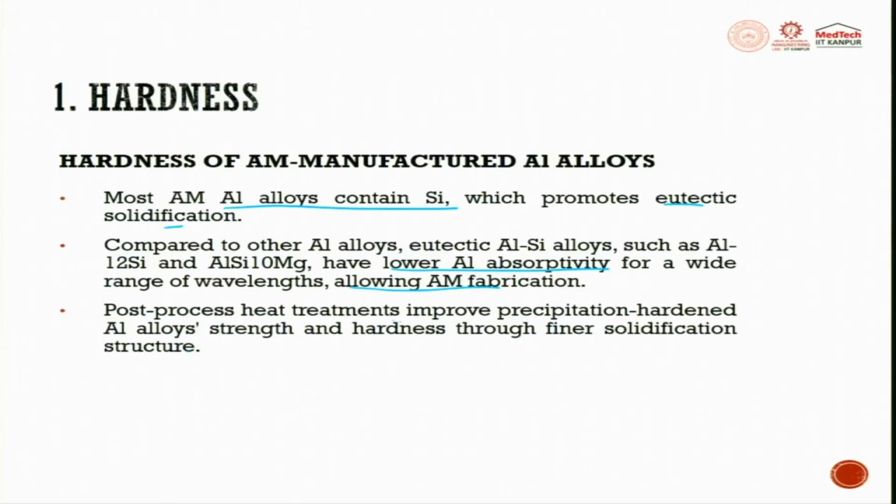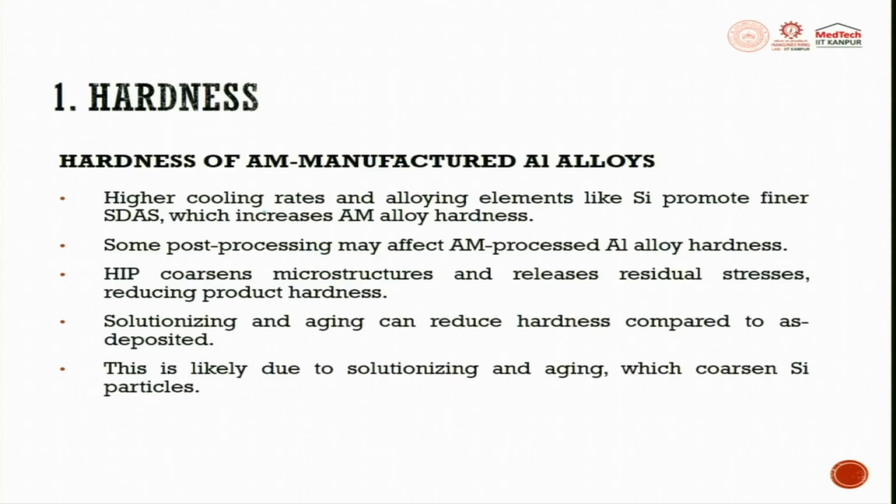So, with finer structure, the hardness goes higher. Higher cooling rate and alloying elements like silicon promote finer SDAS, secondary dendritic structure, which increases additive manufactured alloy hardness.